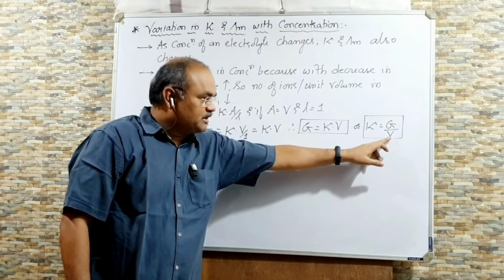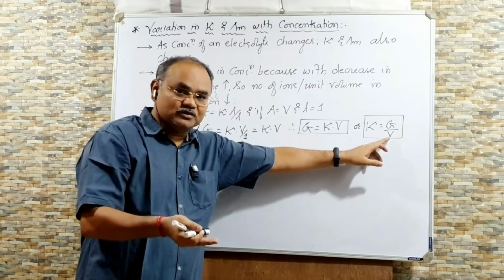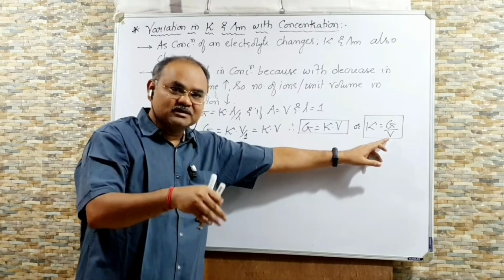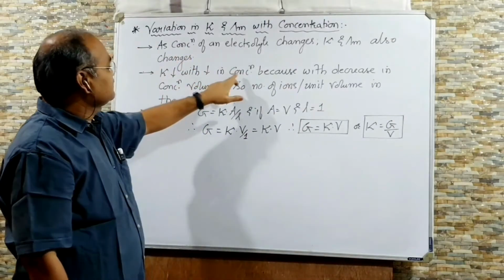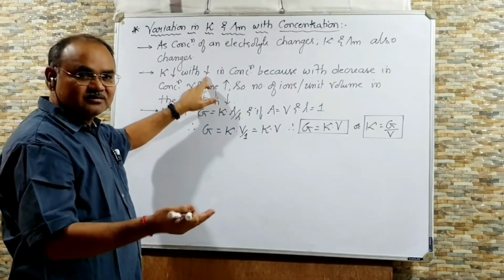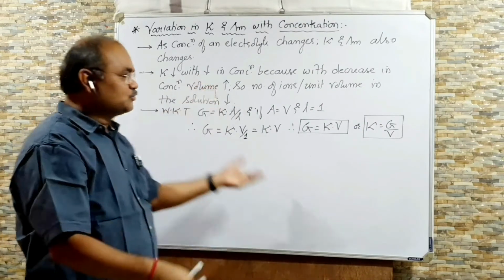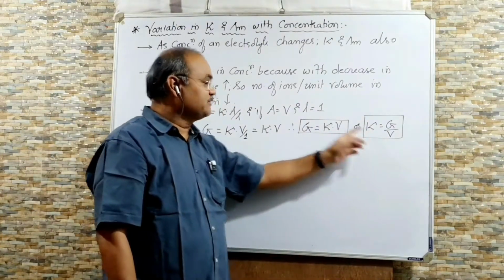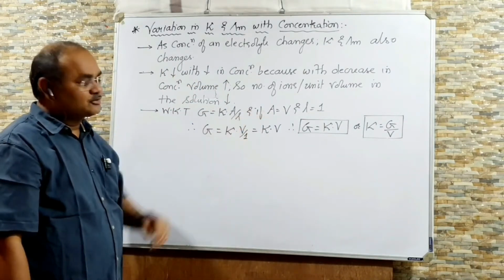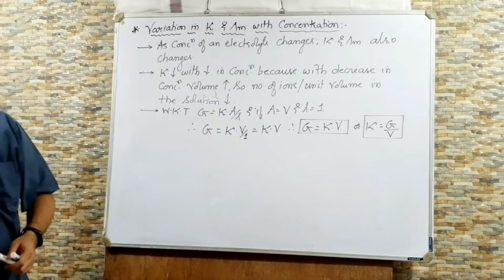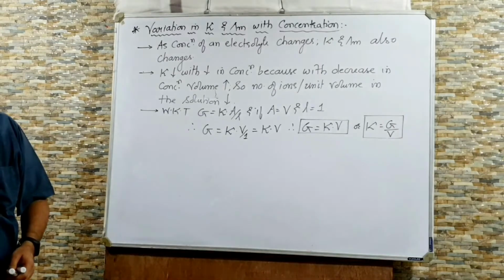If volume increases, because when concentration decreases you are diluting the solution. Due to dilution of solution, concentration decreases, and for dilution you are adding a solvent. So volume increases. If volume increases, conductivity decreases. So this point also you have to remember.